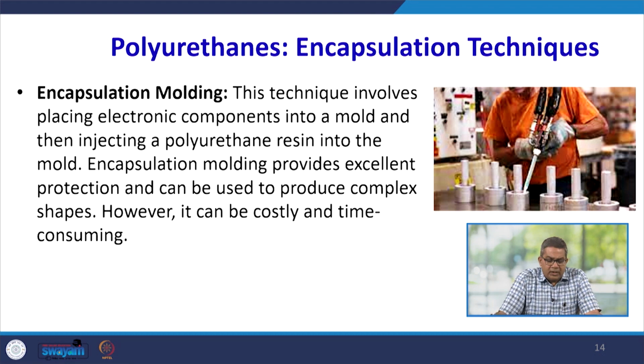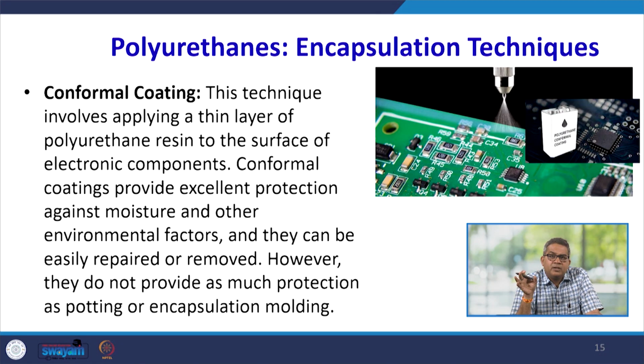Another is encapsulation molding. This technique involves placing the electronic component into a mold and then injecting the polyurethane resin into the mold, so that it provides an outer layer. This provides excellent protection, and it can be used to produce complex shapes, but it is costly and time consuming.